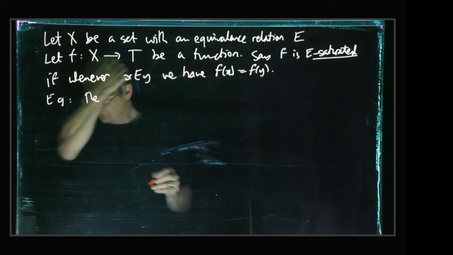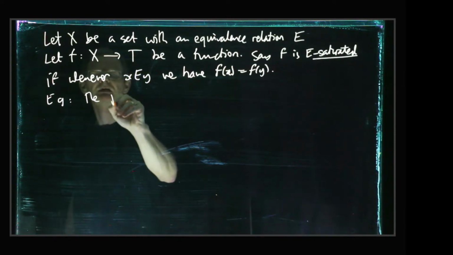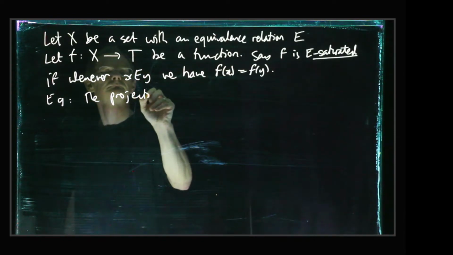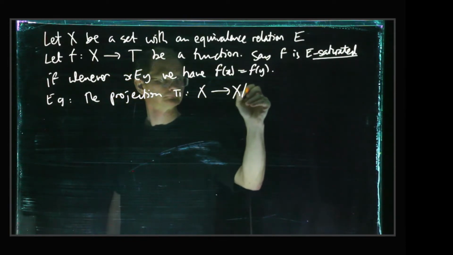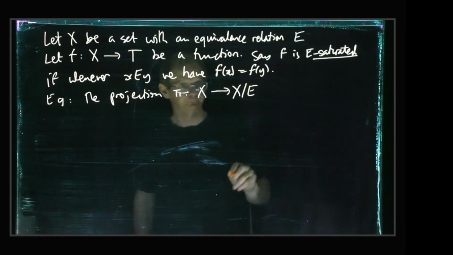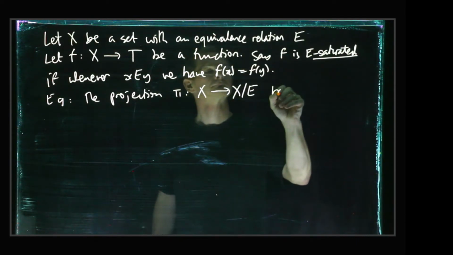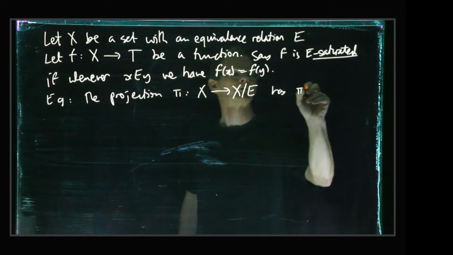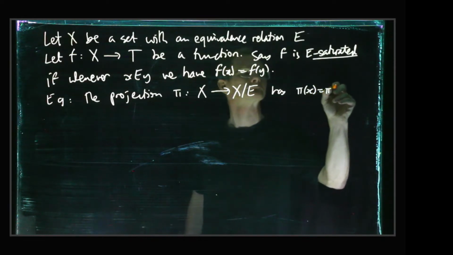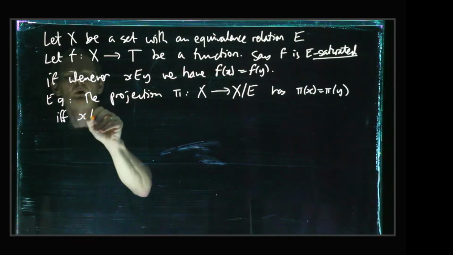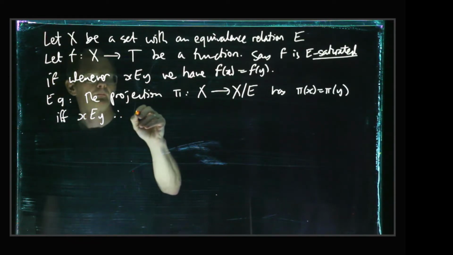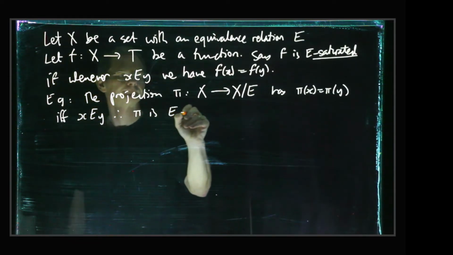As a key example of that, the projection pi from X to X mod E has pi x equal pi y if and only if x E y. So pi is certainly E saturated.